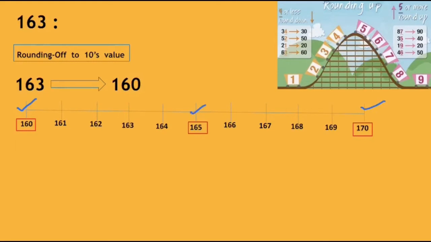This 163 is nearer to the lowest tens value, that is 160. So we will round it to 160. If you see here on this number line, 163 will be placed here. This number will be rounded down.